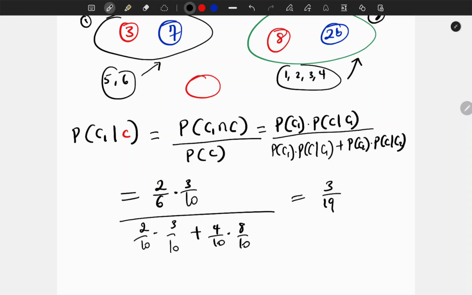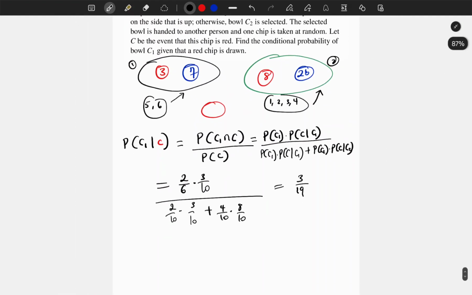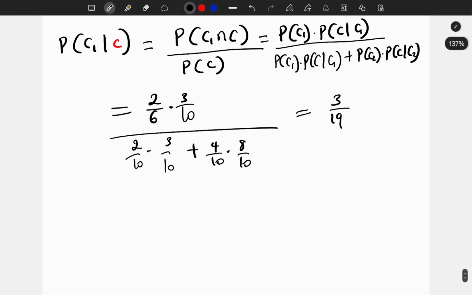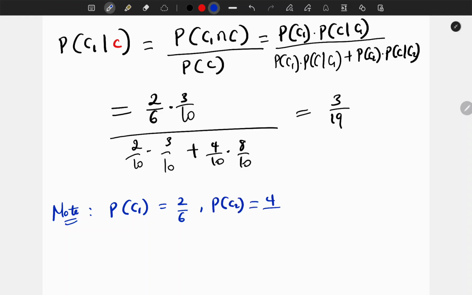So the remark from this question is to note that the probability of C1, which is equal to 2 over 6, and the probability of C2, which is equal to 4 over 6, are called prior probabilities.